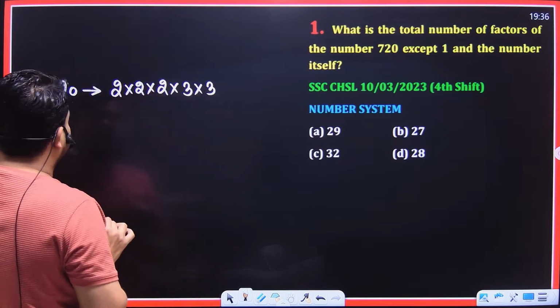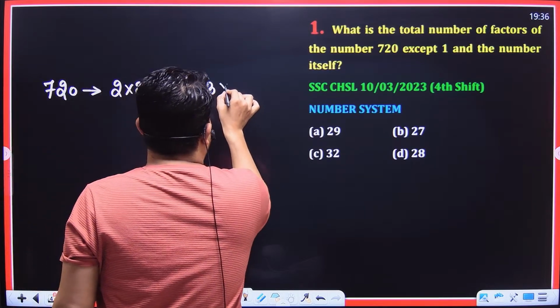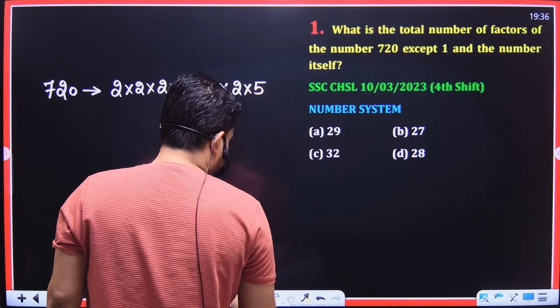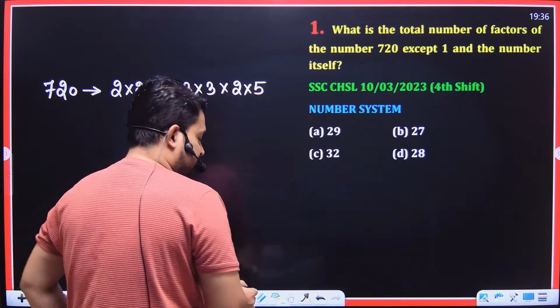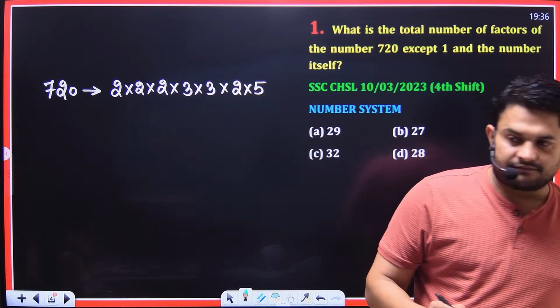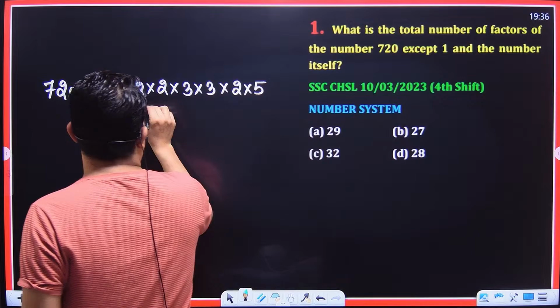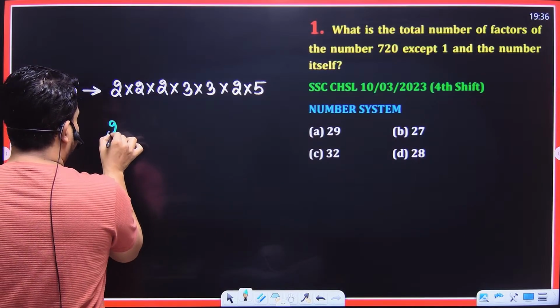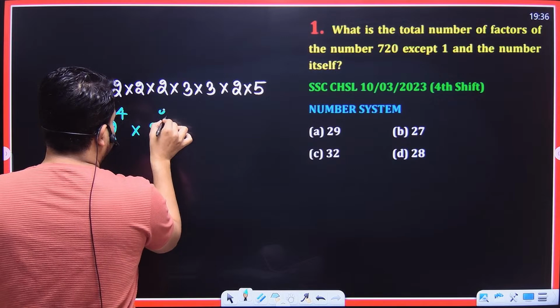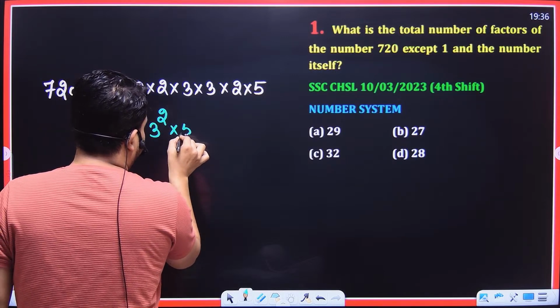Then we have to make a 0, and when we multiply a 2 with 5, we can write a 0. So this is the prime factorization of 720: 2 to the power 4 into 3 to the power 2 into 5 to the power 1.